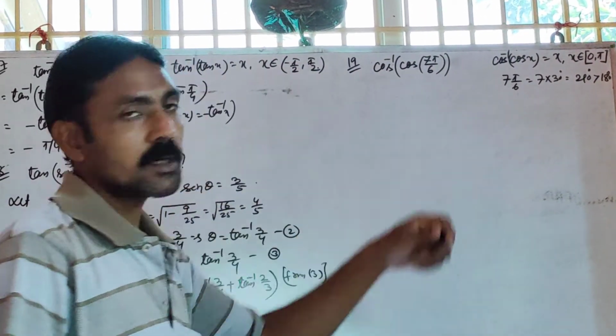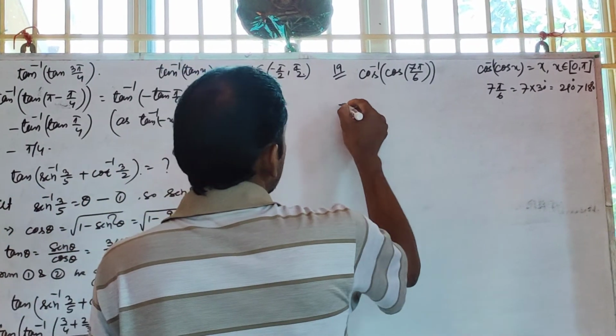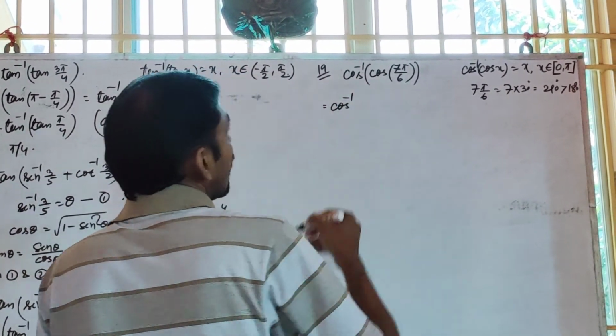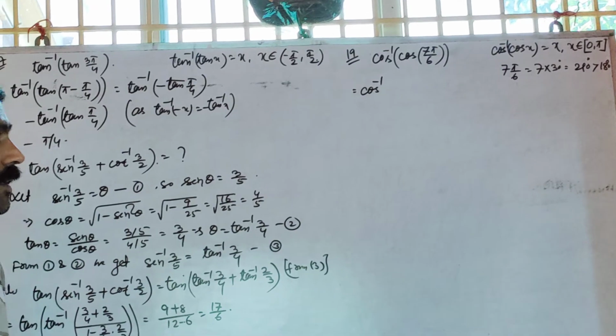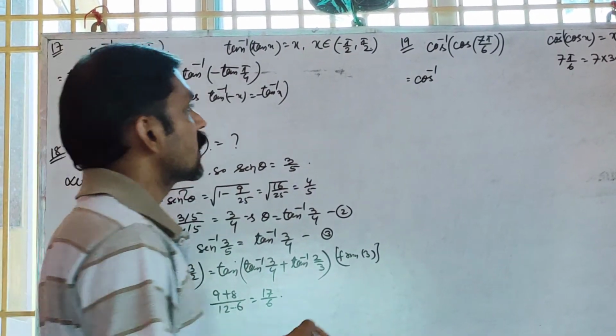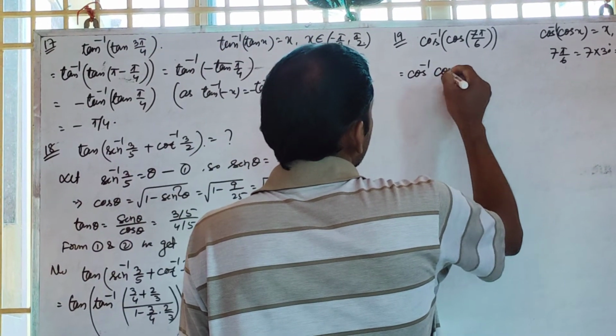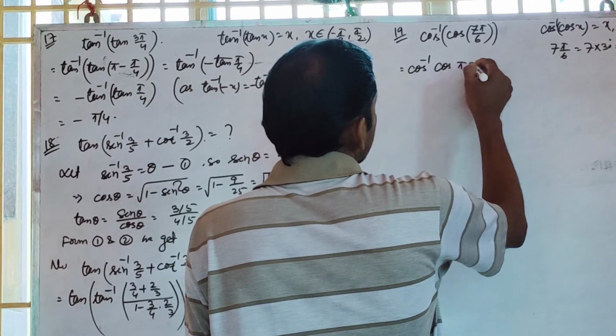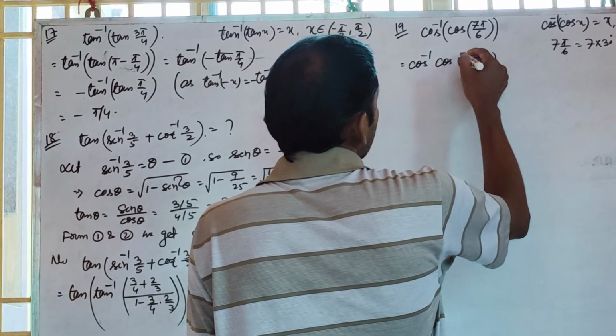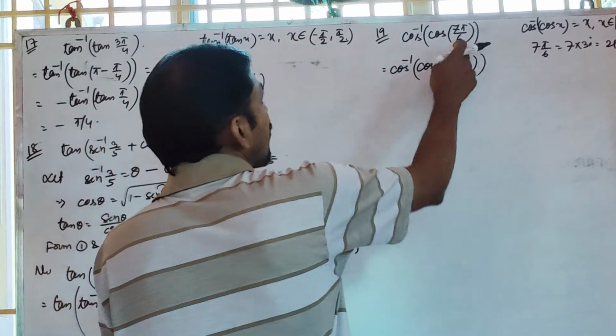So we have to split it. So you can write it as cos inverse of cos, 7 pi by 6, you can write it as pi plus pi by 6. You see, 6 pi plus pi.